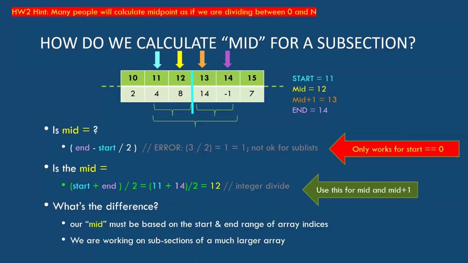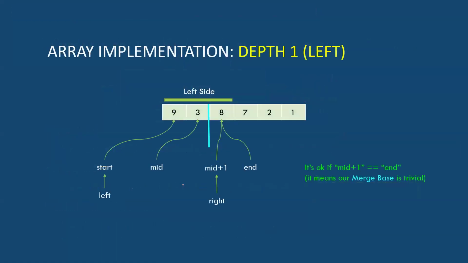So probably most of you have gotten over that hump by now. This is just us dealing with some of the integer math issues. Sometimes the midpoint and the end are going to be the same. Midpoint plus 1 and end are going to be the same thing. That's okay. You're not going to really deal with this stuff.